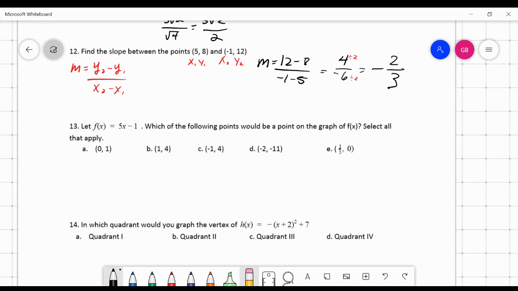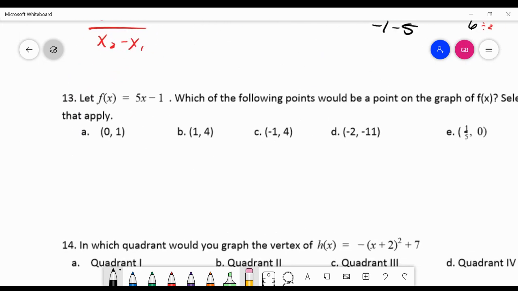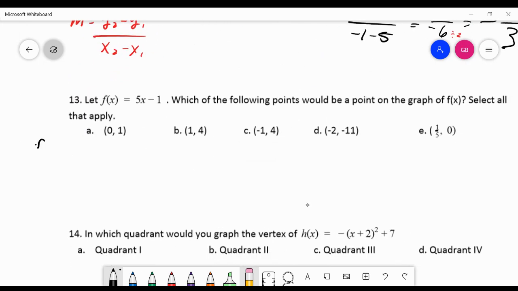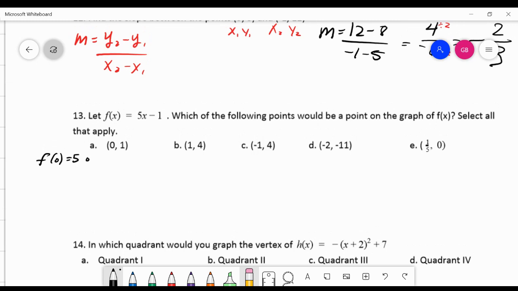So for example, if I plug in 0, so if x is 0, 5 times 0 minus 1 is 0 minus 1, which is negative 1.